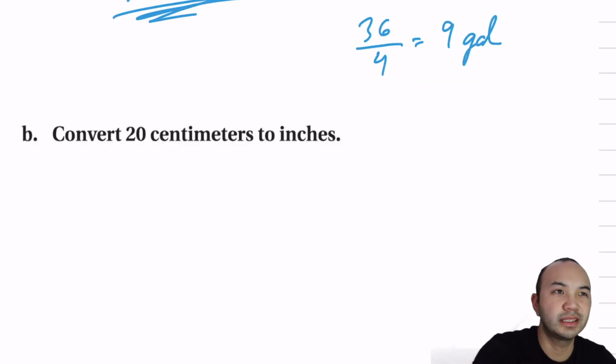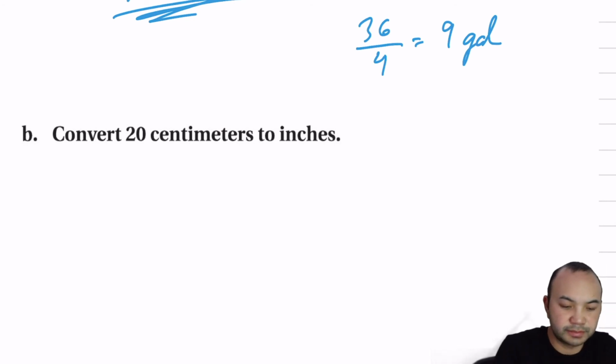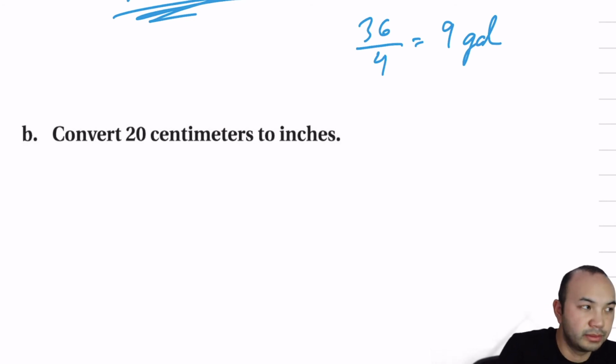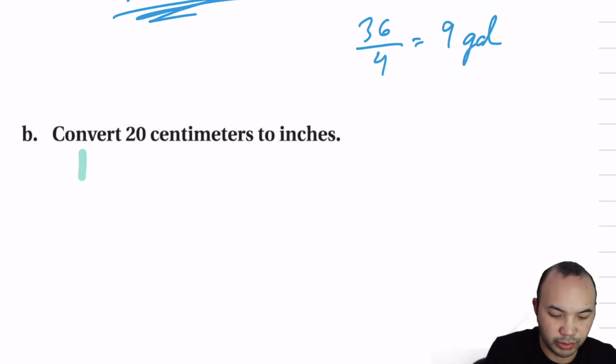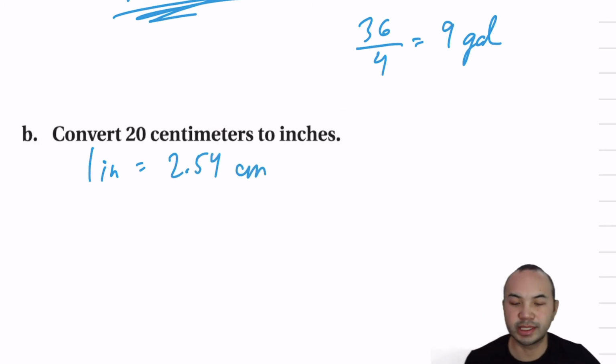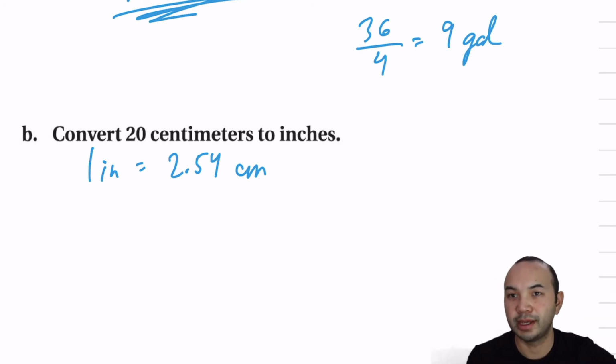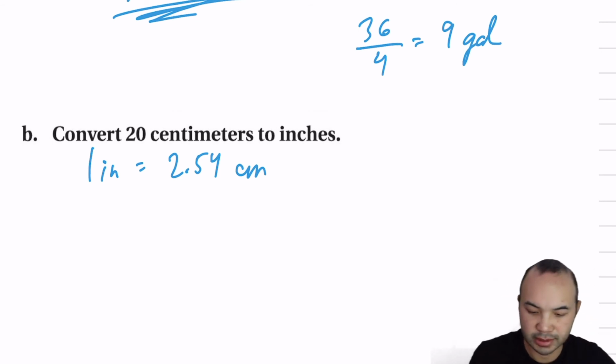Let's do the next one. Why not? Centimeters, inches. You also know, or it should show, that 1 inch is equal to 2.54 centimeters. So if you want to convert 20 centimeters to inches, unless this comes to you right away, this is the best way to do it.